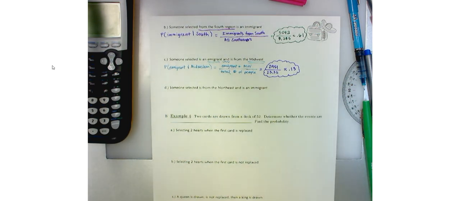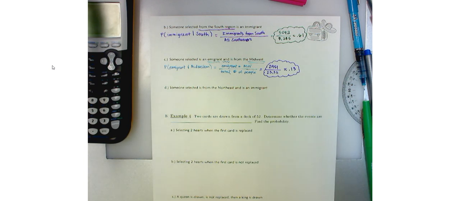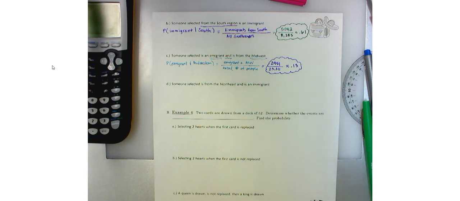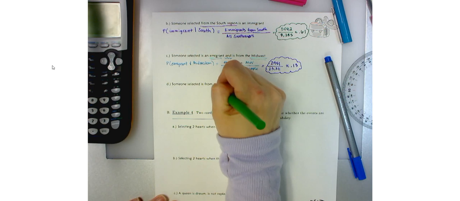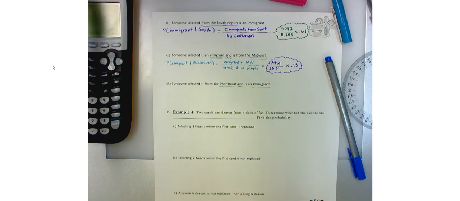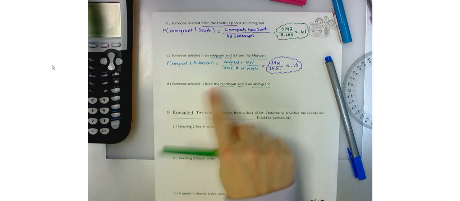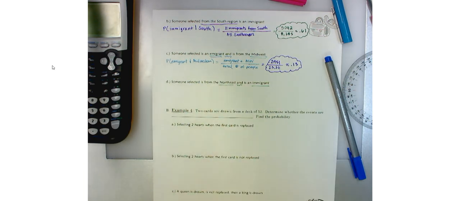All right, and then D, someone selected is from the Northeast and is an immigrant. Okay, so again, it's saying that they're from the Northeast and they are an immigrant, so the setup is very similar to what we did in Part C. So on the top would be that they're Northeast and an immigrant, and that would have to be over the total.